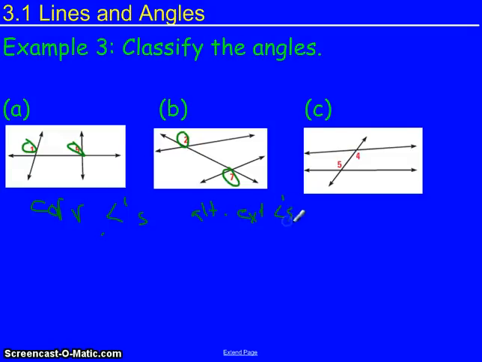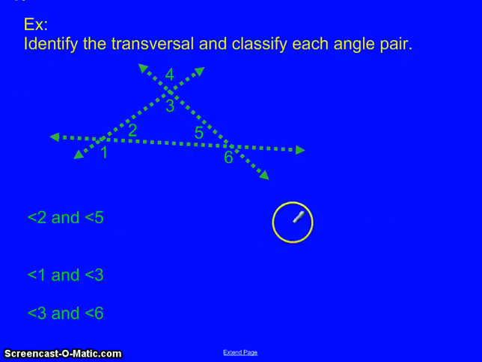These are on the outside, which tells me that it's exterior, and they're on opposite sides, so that's alternate. So I'm going to put alternate exterior angles. These are on the inside, so I know it's interior. They're on the opposite side, so that's alternate again. So alternate interior angles. So pause and rewind as necessary here. I think we've got one more type that we're supposed to identify the transversal and classify each pair of angles. So we've got angles 2 and 5.